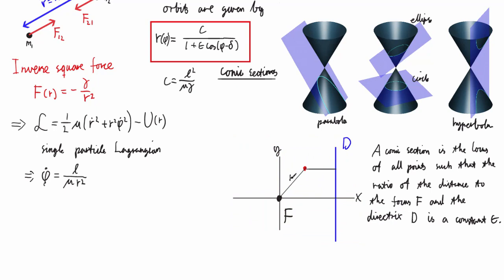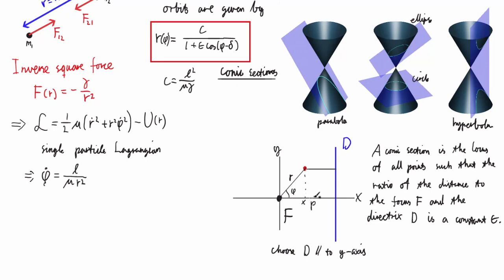Now I'm going to call this distance here r, and the distance from the origin to the location of the directrix I'm going to call p. And I'm going to choose the directrix parallel to the y-axis. And it'll turn out that corresponds to picking a delta here equal to either 0 or pi. This is going to be the angle phi.